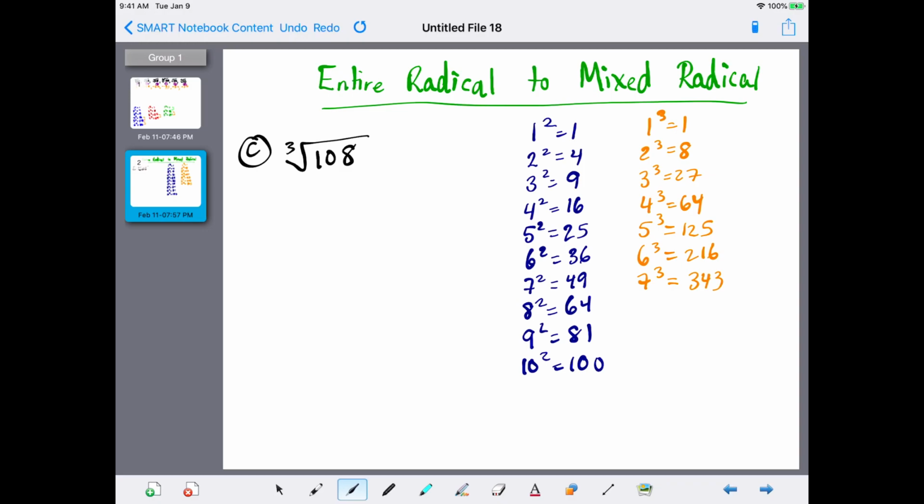We're going to go through the same process as we did for the square roots, except this time we're looking for 2 numbers that multiply to give the radicand, so the 108, except this time one of the factors has to be a perfect cube as opposed to a perfect square. So you can see over here in the right-hand column, I have the list of perfect cubes that we can use. So what 2 numbers can multiply to give 108, and one of them is one of those perfect cubes.